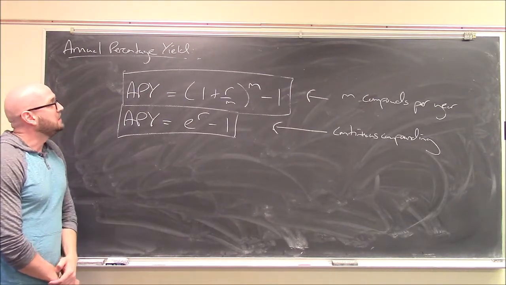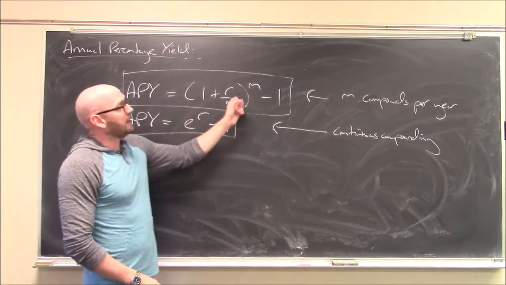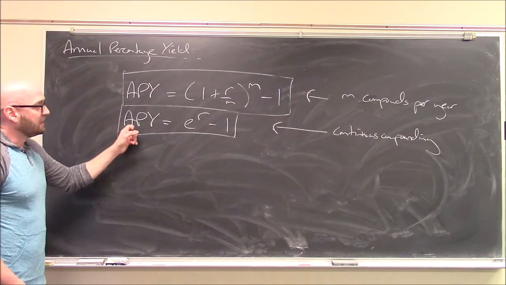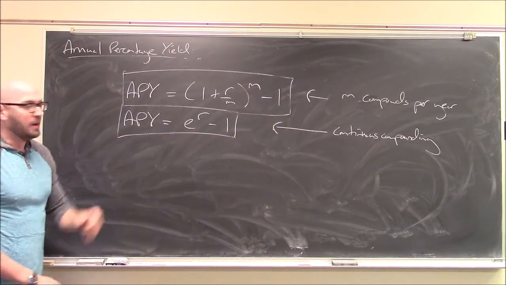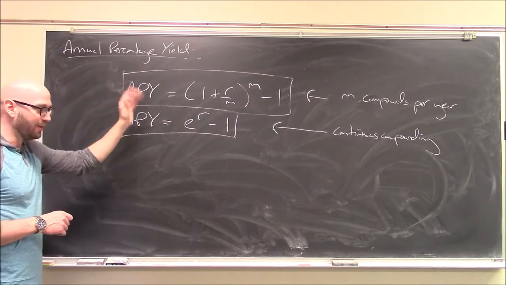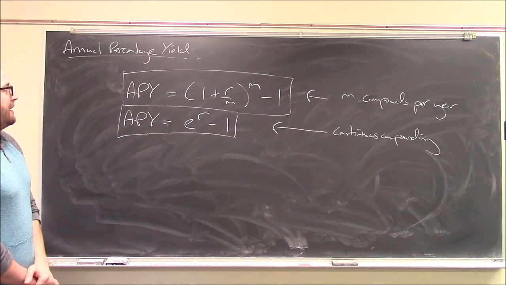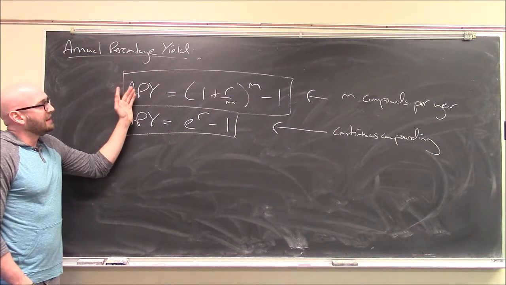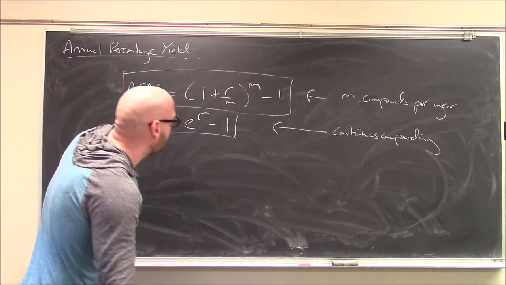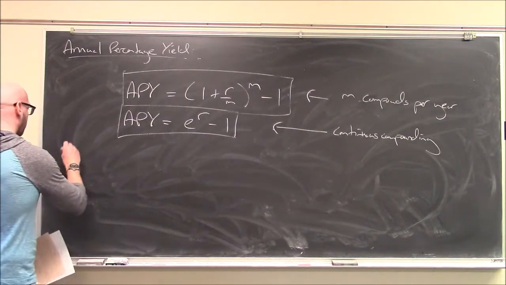The annual percentage yield is equal to 1 plus R over M to the M, minus 1. And if you solve the continuous case, you get this nice formula: APY is e to the R minus 1. If you didn't understand what I was doing before, that's okay. These are just two very simple formulas you'll have to apply every now and then. And I'll show you how this works with a straightforward example.